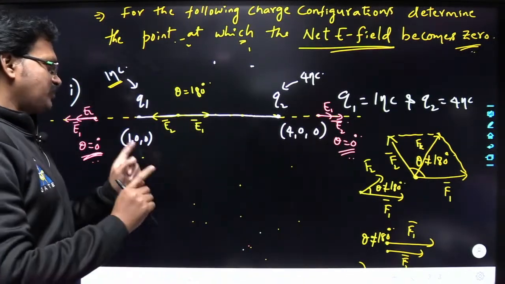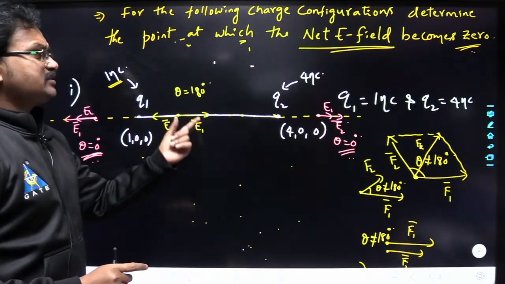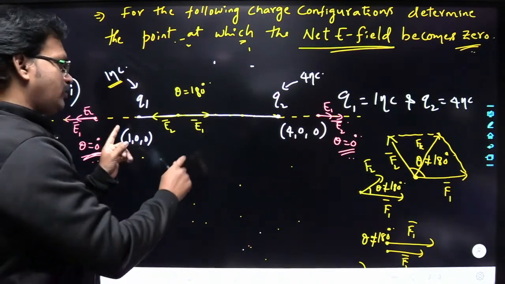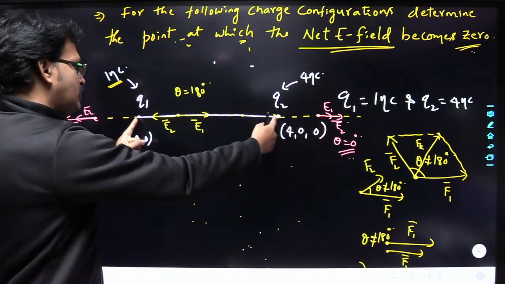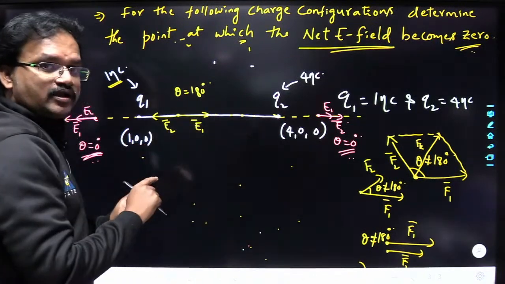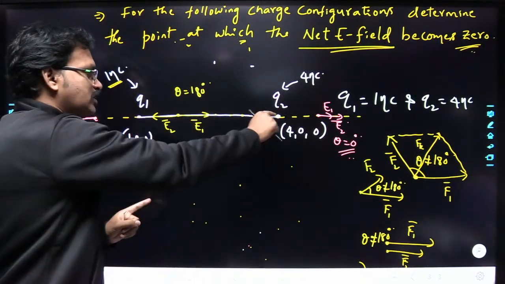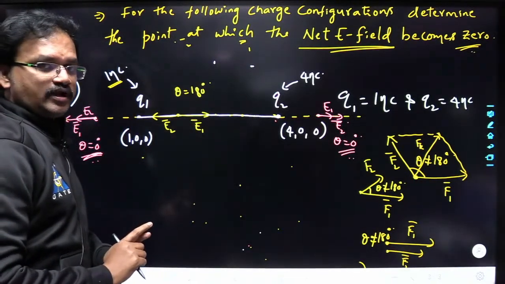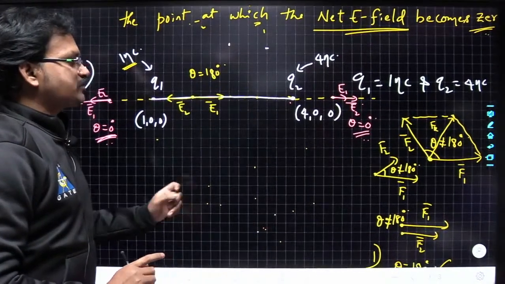So that means the net electric field can become zero only between these two charges, right? So it must be along the line between the two charges. Now you have to determine that point.